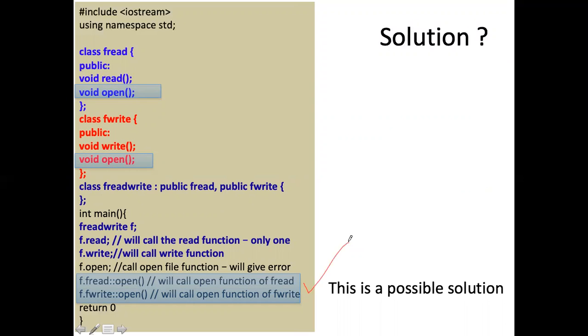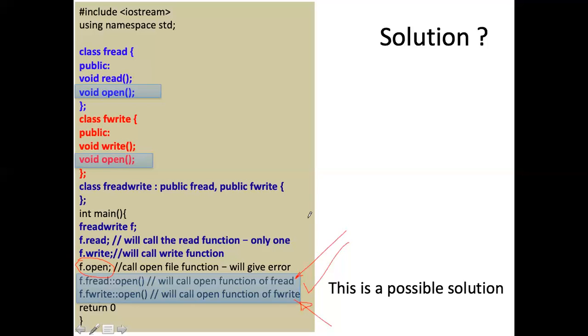The first call here will execute the function open that is present in fread, and the second line here will execute the function open that is present in fwrite. So you have to give an explicit call, otherwise you will get an error. If you simply write f dot open, as you have written here, that will not solve the problem. You have to give an explicit call in this particular case.